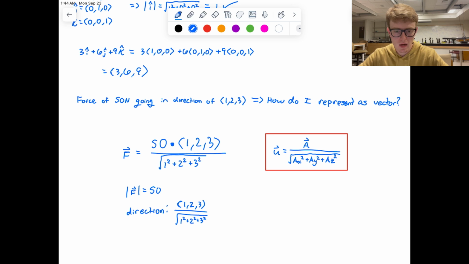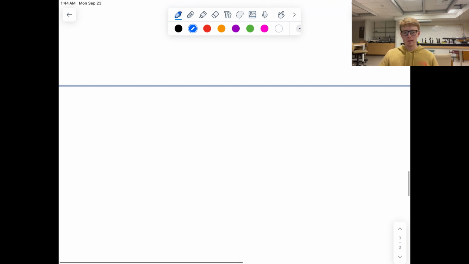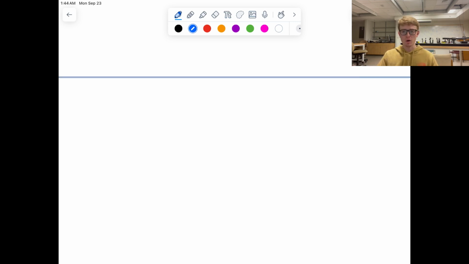Okay, so next thing we're going to go over is cross product. This is going to be our most complicated mathematical operation. So we're just going to do it first, and then we'll end with a slightly easier operation, in my opinion anyway, which is going to be dot product. So first of all, what is cross product?